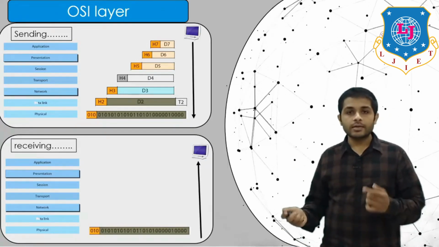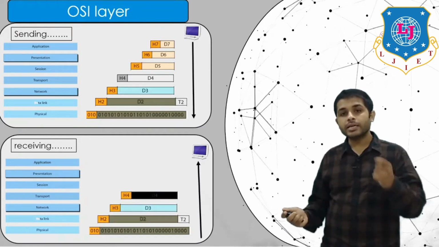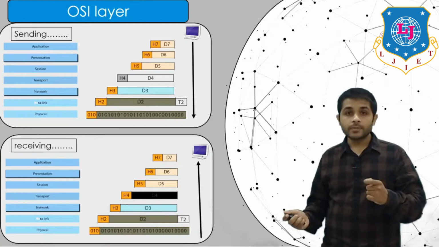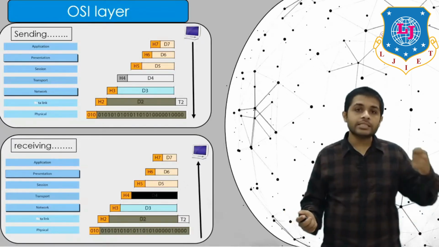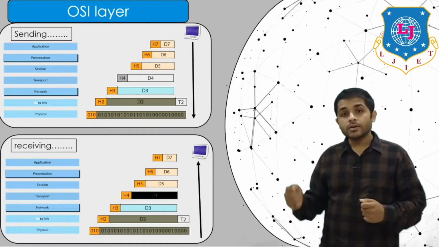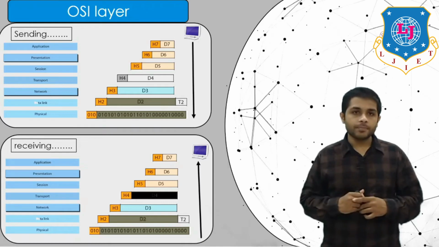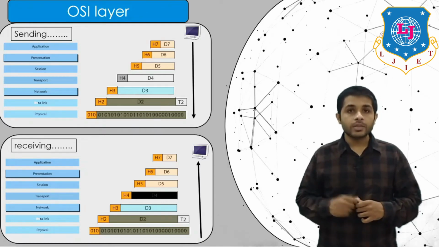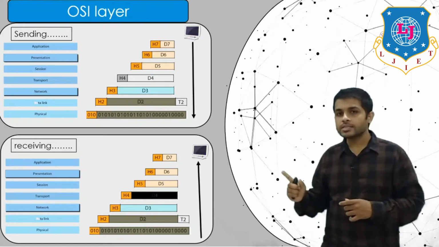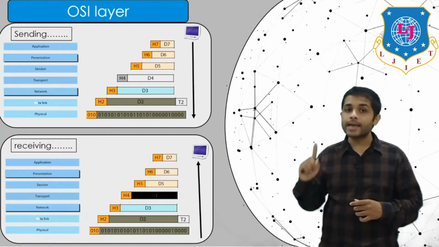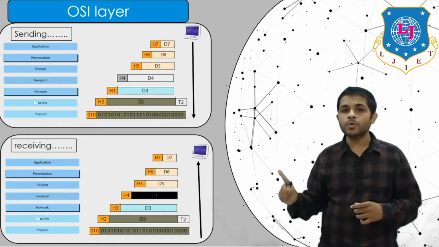At the physical layer, data will be received and the header will be removed by each layer. Notice that the header added at a particular layer on the sending side will be removed at that particular layer only. For example, at the sending side, H7 is added at the application layer, so at the receiving side, H7 will be received at the application layer only. No other layer can remove that header.